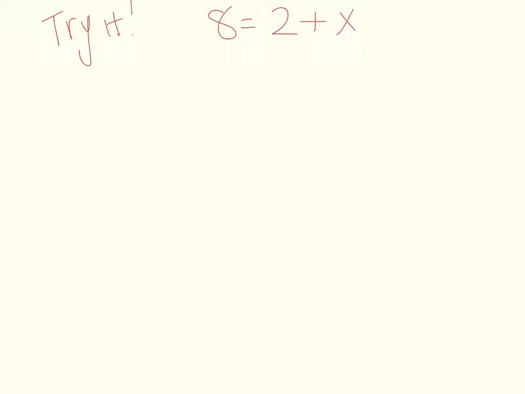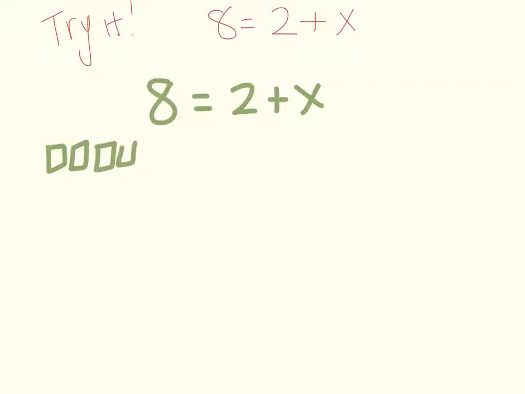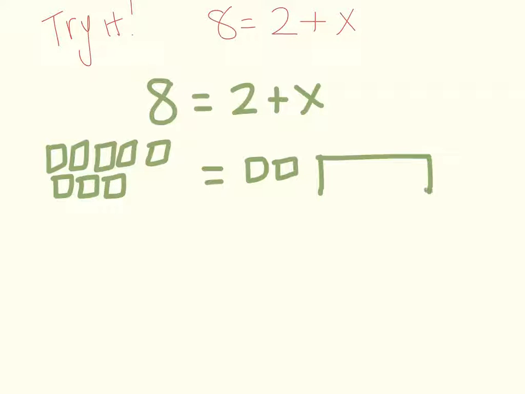Let's check your work. 8 equals 2 plus x. I'm going to represent this by 1, 2, 3, 4, 5, 6, 7, 8 equals 1, 2 plus 1 long tile for x.